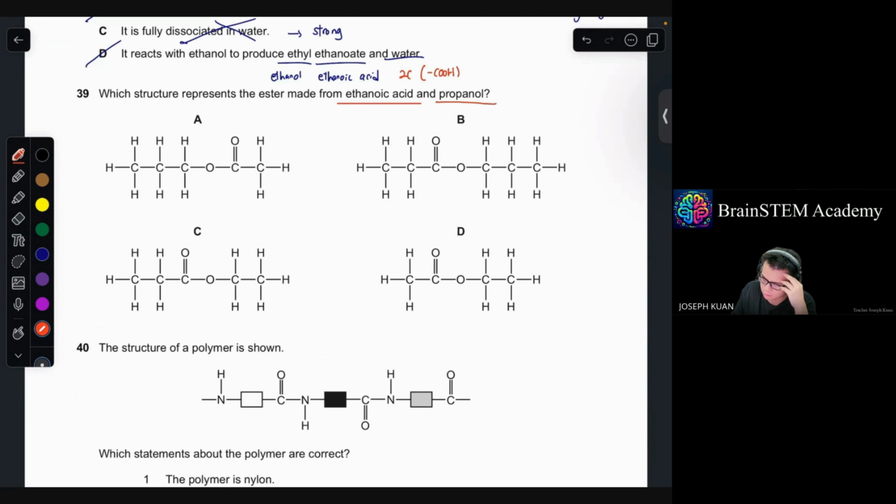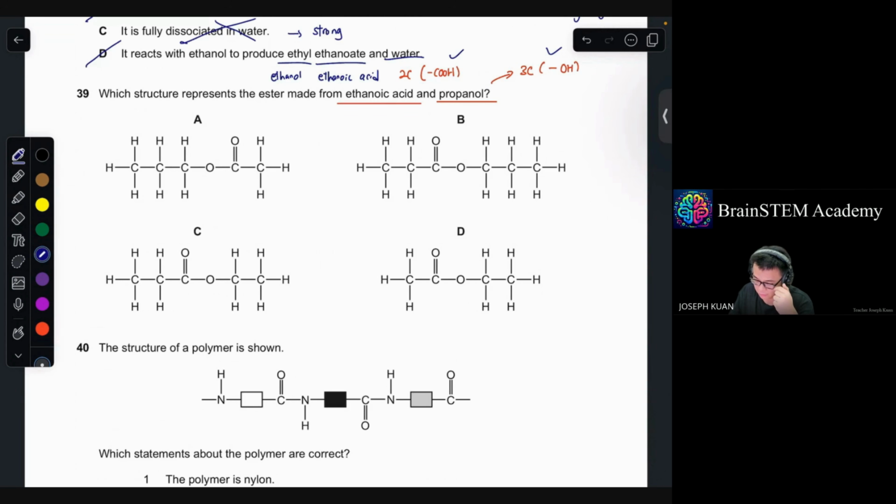Whereas for propanol, the word prop tells you that it has three carbons, and the word ol tells you that it has a hydroxyl group, which is OH. So all you have to do is observe which one resembles this the most out of the list.